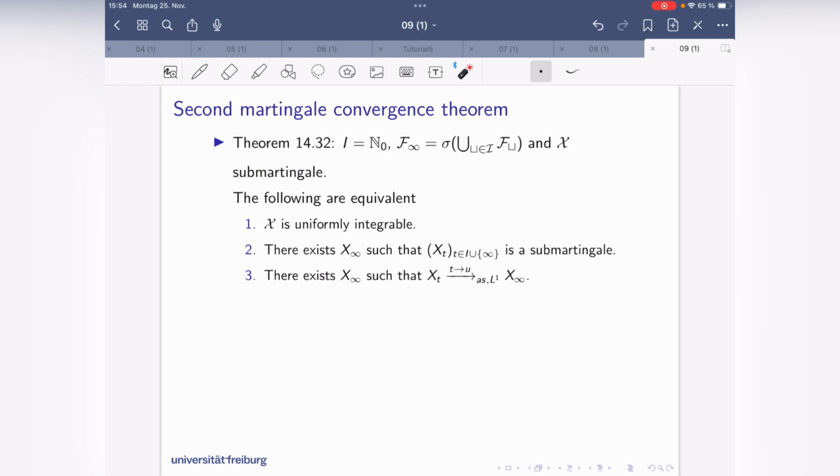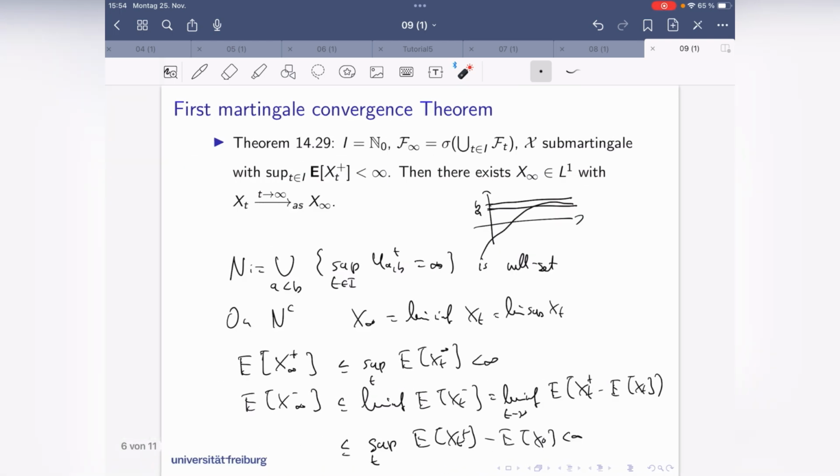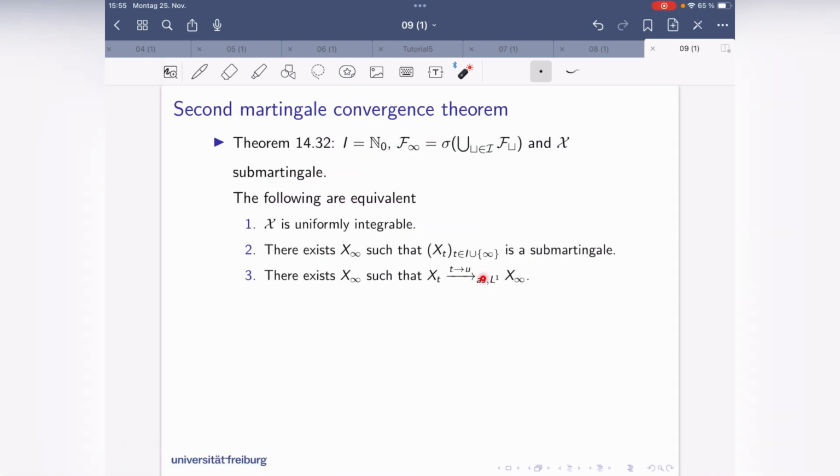So x is a submartingale. The following are equivalent. Uniformly integrable, if they are uniformly integrable. In particular, this thing here is true, so the assumption of the first martingale convergence result. And then we have almost sure convergence, and from the almost sure convergence plus uniform integrability, we also have the L1 convergence.